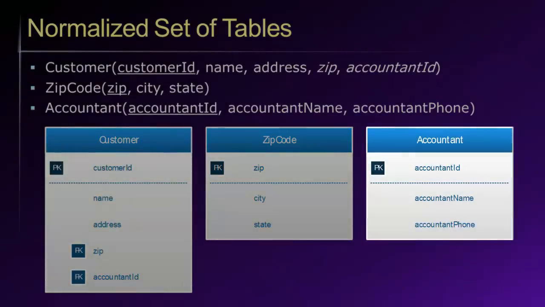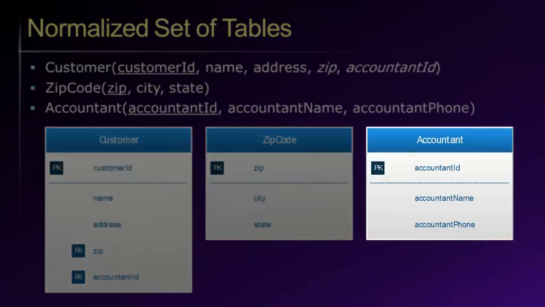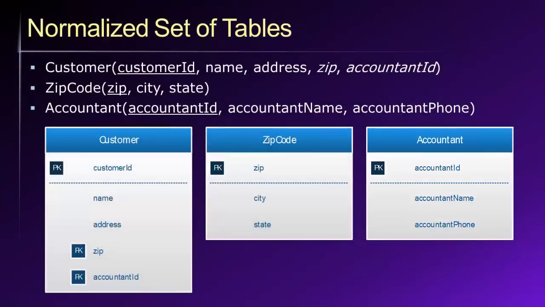And then we have an accountant table, where accountant ID serves as the primary key, and we have two non-key attributes, accountant name and accountant phone. We have thus taken our original customer table and broken it into three smaller tables, which, when considered together, provide us with a normalized data solution.